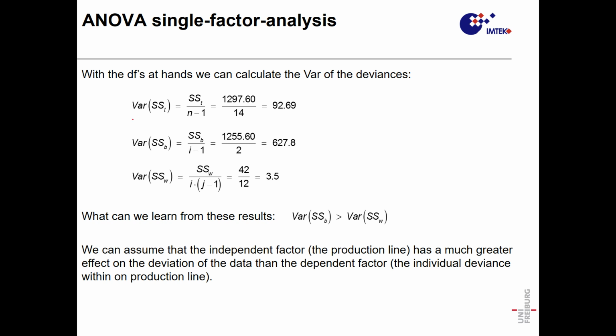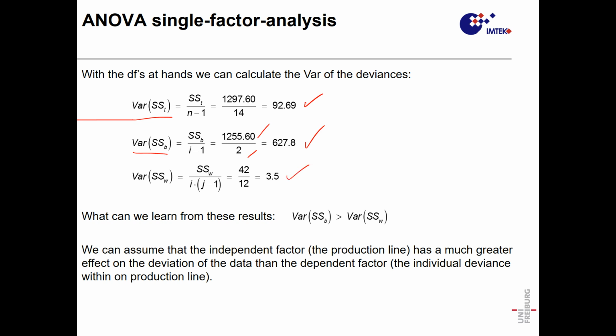So the total variance will be the sum of square total divided by the degree of freedom. It gives us 92.69. The variance between is the sum of square between divided by the degree of freedom, 627, and the variance within is the sum of square within divided by the degree of freedom, 3.5.